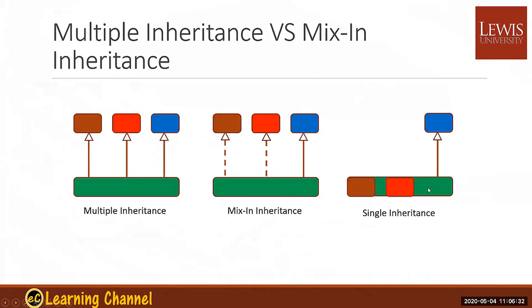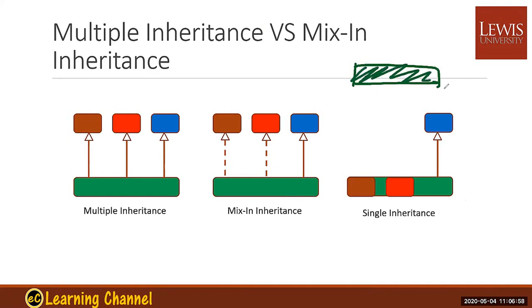Right-hand side is single inheritance. Single inheritance means that you can extend one class at a time. Is that okay? Yes. So the middle is mix-in. So you extend one class and implement two interfaces. That actually is okay.